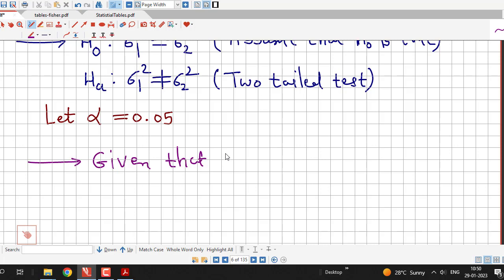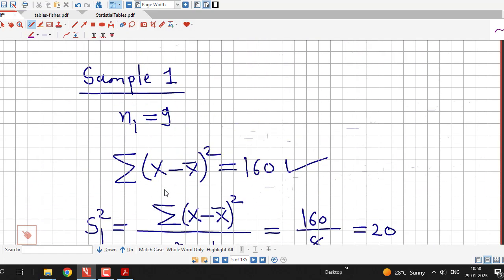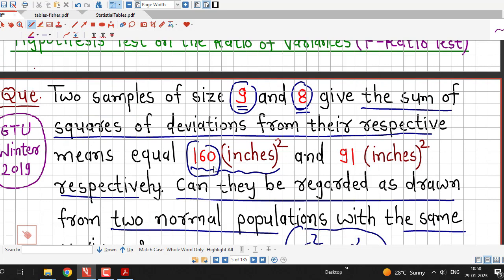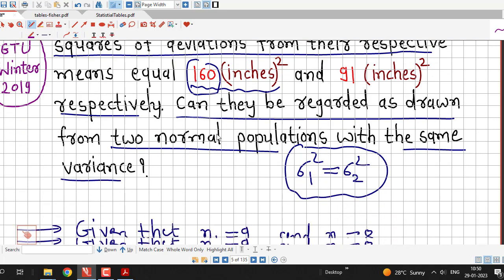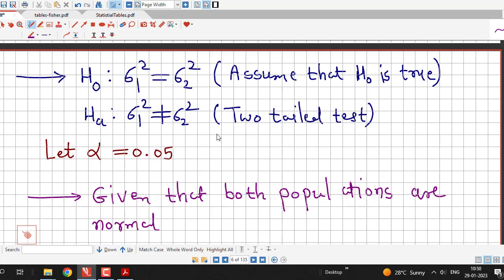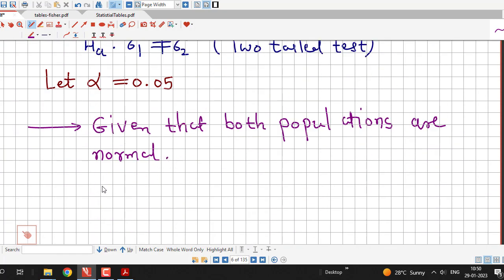It is given that both populations are normal, but nothing is specified about independence, so we have to assume that the populations are independent. To apply the F ratio test, we must check these two conditions.